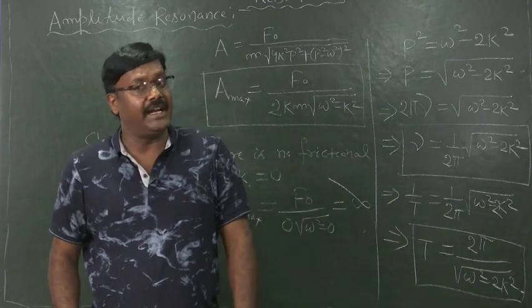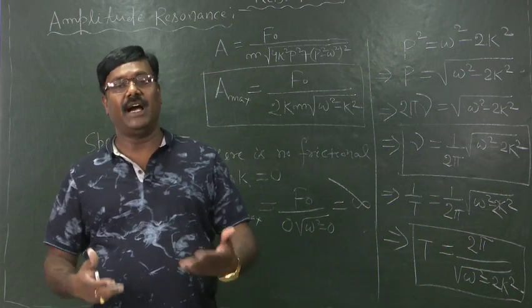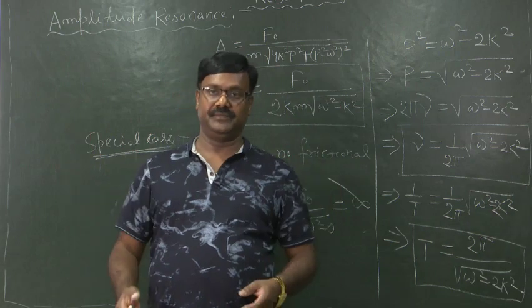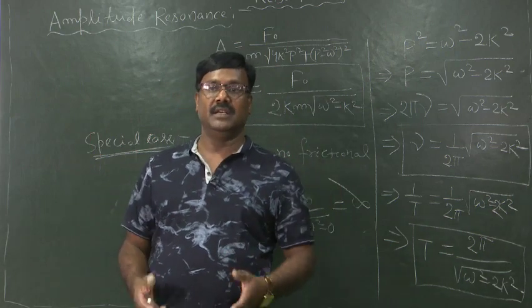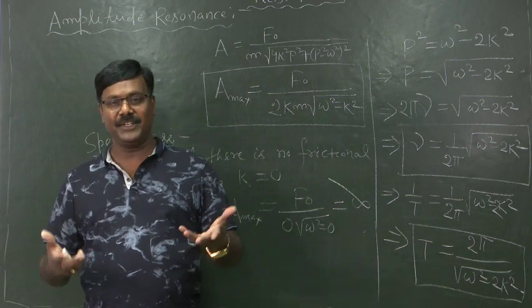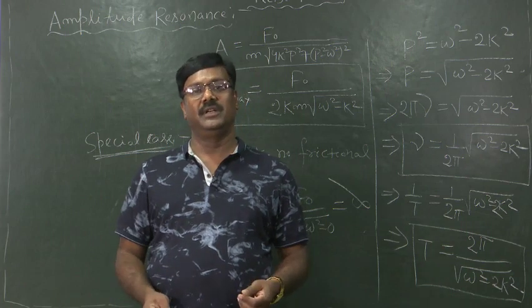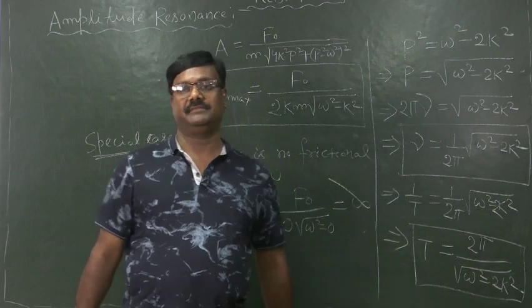Though it is not an ideal case, it is the practical case. The sound becomes louder, and we feel that in a crowded area everybody is shouting, but nobody is shouting, and this situation happens only because of the occurrence of resonance.